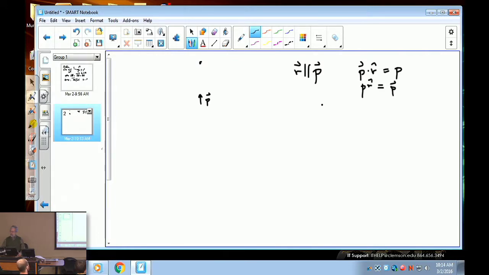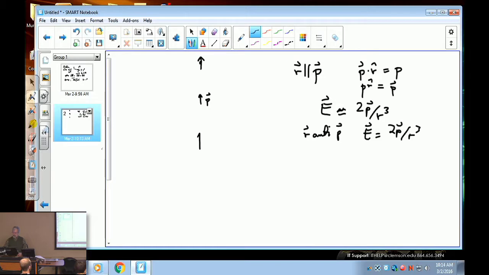So the electric field in this region is equal to 2p over r cubed, and it points upward, like that. If we're down below, r is anti-parallel to p, and you get the same thing: the electric field is also upward, 2p over r cubed. So the electric field points upward here and here.